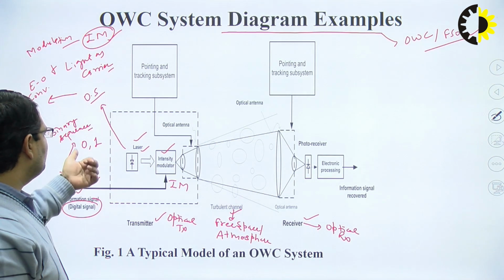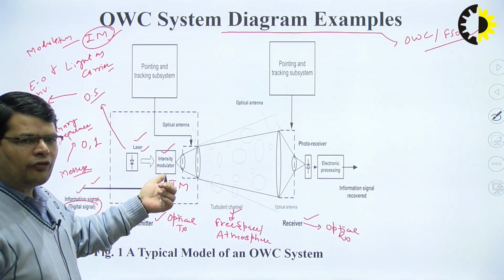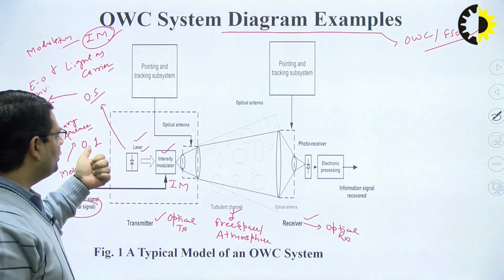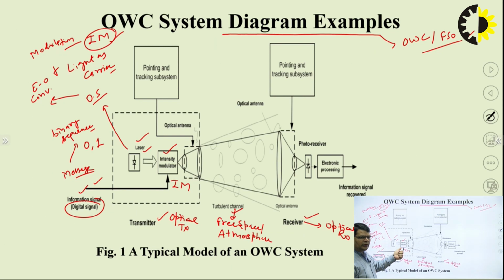So corresponding to 0 we can minimize the intensity or the optical source may be off, and corresponding to 1 the intensity may be maximized, or we can consider the optical source as on. So this IM is sometimes also known as OOK, which is equivalent to ASK in digital communication.